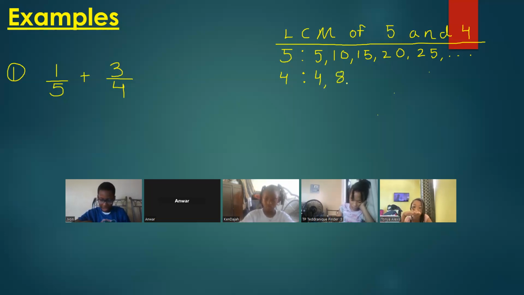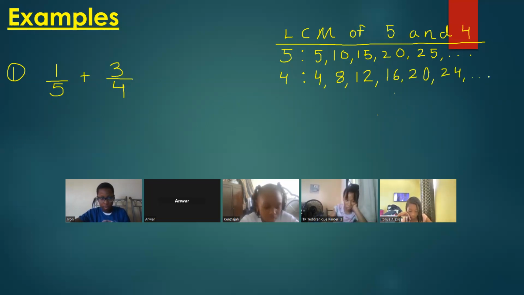Because I see the lowest common multiple of 5 and 4. I see 20. See 20? So you believe that 20 is the lowest common multiple? Yes, sir. Okay. So we have 4, 8, 12, 16, 20. After 20 is what? 24. All right. So Ariana, what is the lowest common multiple of 4 and 5?